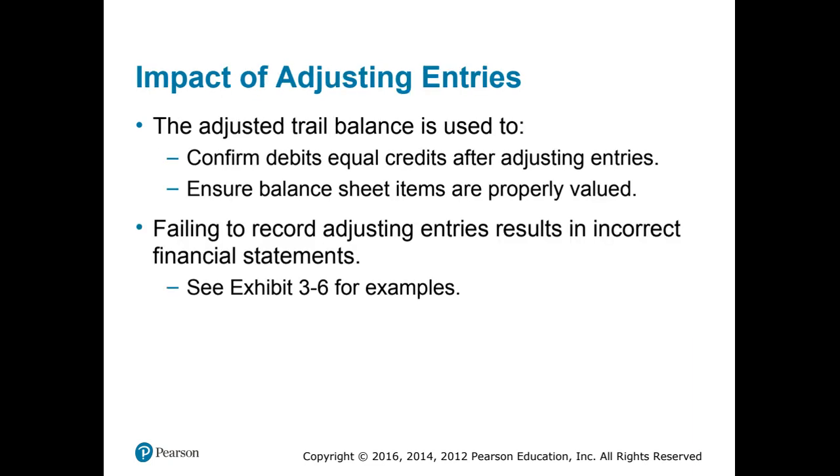The adjusted trial balance is used to confirm that our debits equal credits after we adjust our entries, and ensure balance sheet items are properly valued. Failing to record an adjusting entry results in incorrect financial statements.